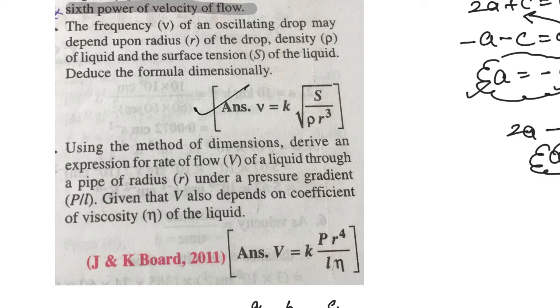It is volume of liquid flowing per second. That is called flow rate, because rate means divided by time. So it is volume flowing per second.